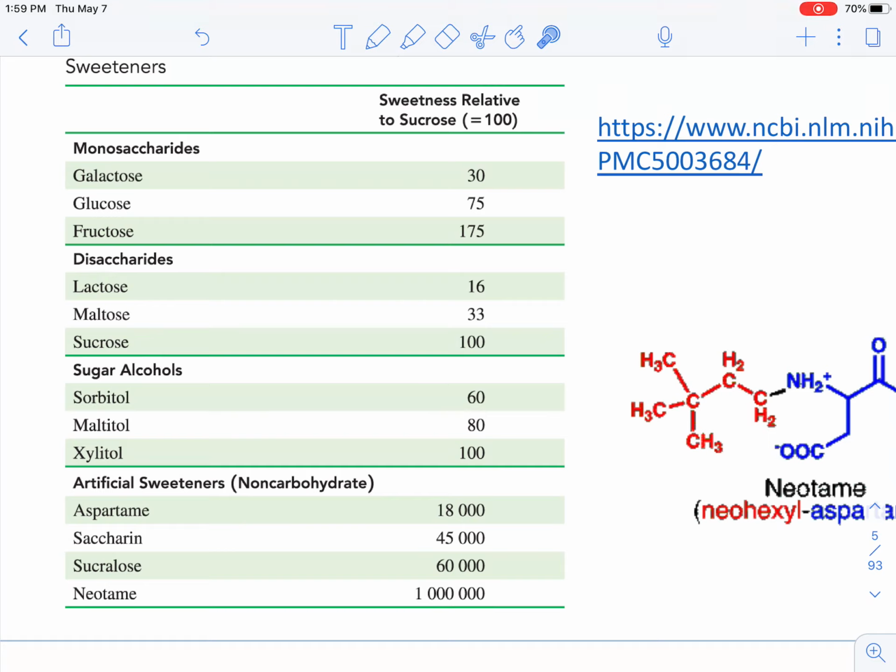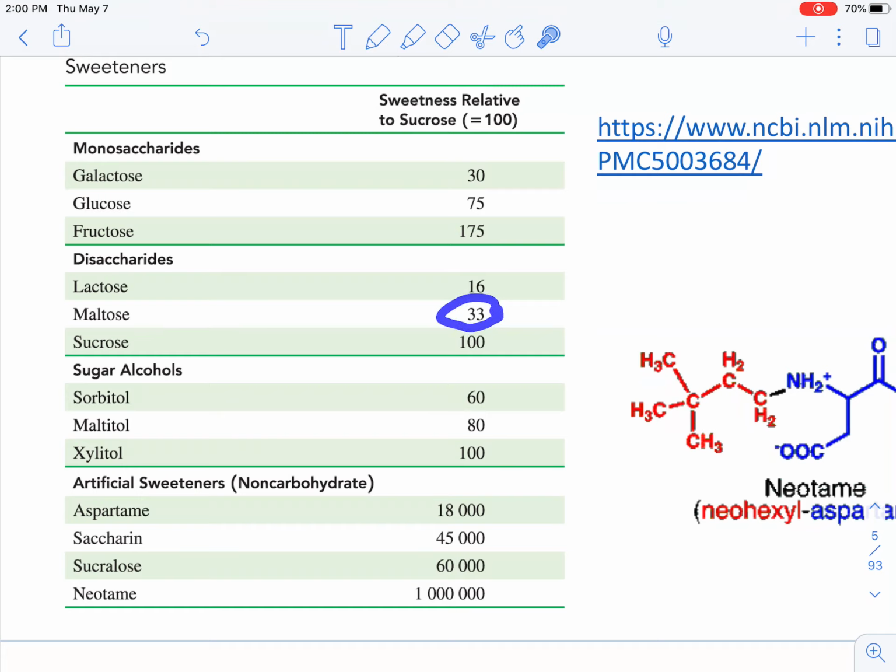And so maltose, for instance, is malt sugar, and this malt sugar is primarily found in specific alcoholic beverages such as beer. And typically we interpret beer as having more of a bitter taste, if you will.